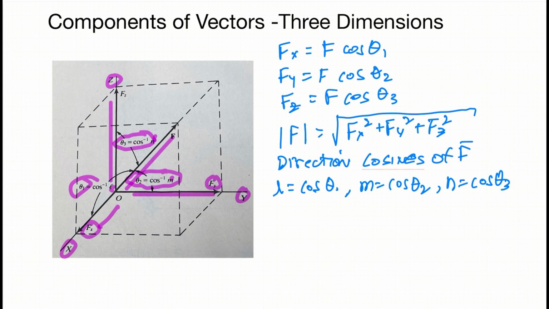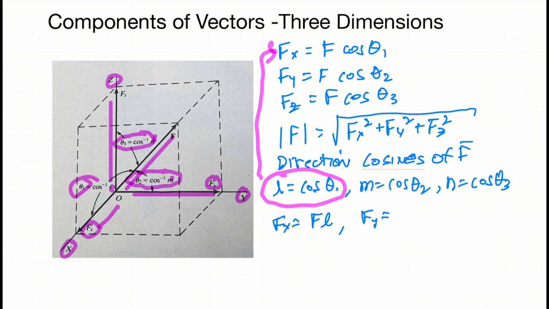Now, let's put that back in here. So what that's going to give us is f of x is just equal to f times l. F of y is equal to f times m.